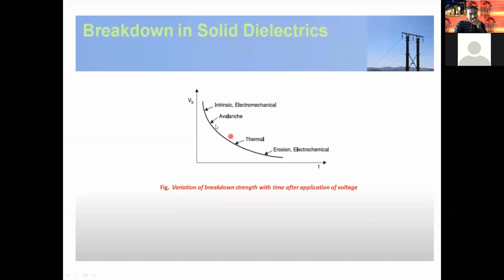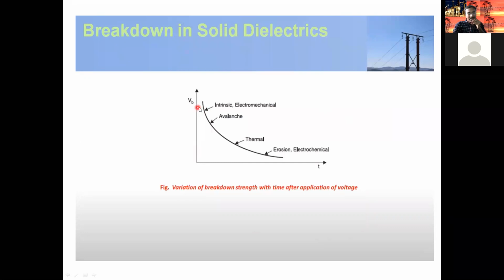If a solid type dielectric material is subjected to intrinsic or electromechanical breakdown, then during that condition, very high voltages are required to break down the insulator. But the breakdown occurs across the solid dielectric in very little time.